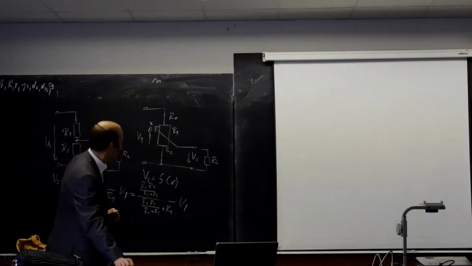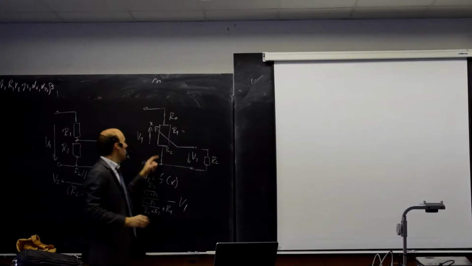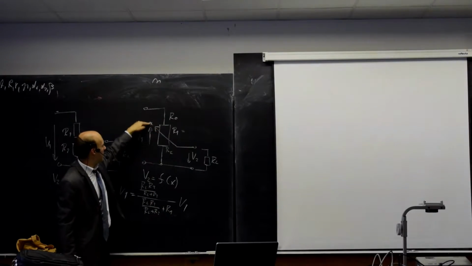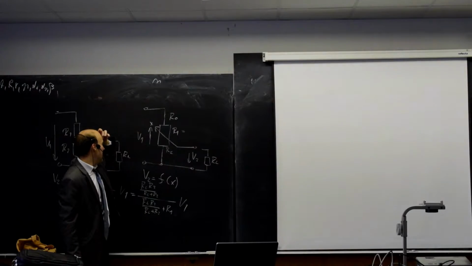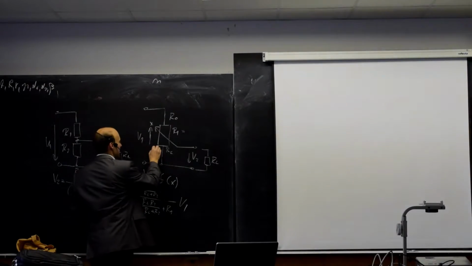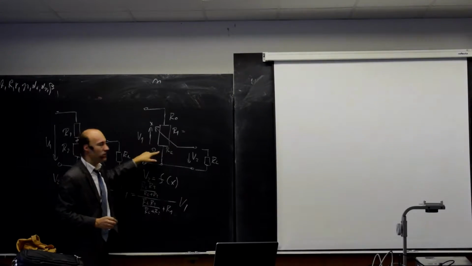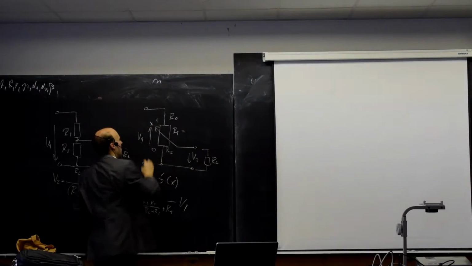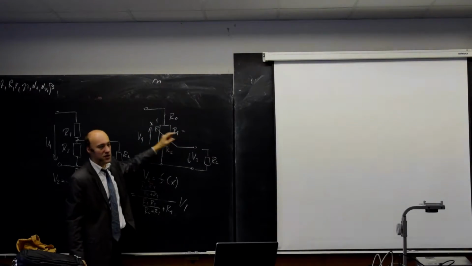And R2 and R1 are functions of position X. So now we can say that R1 is dependent on position X. And let's define it in this way, so that when it is all the way down, R2 will be 0, and when it is all the way up, R2 will be R0 and R1 will be 0.